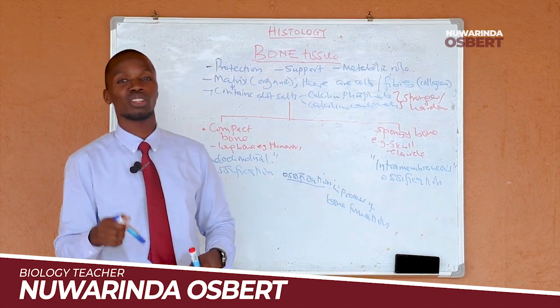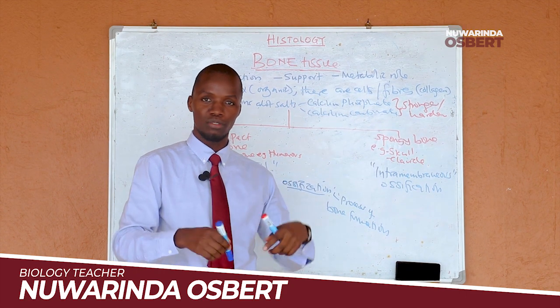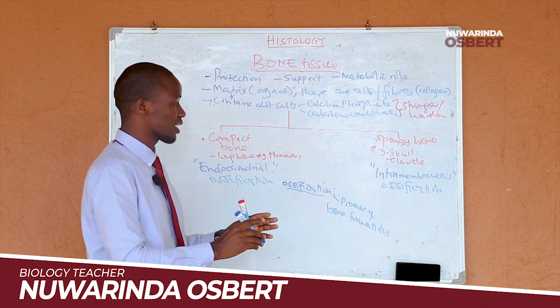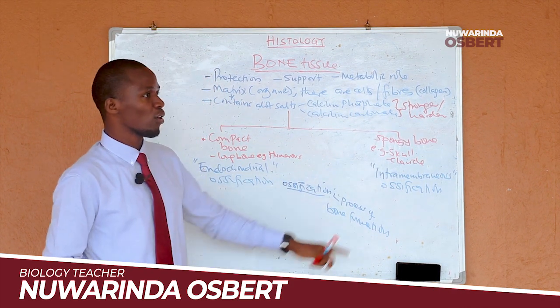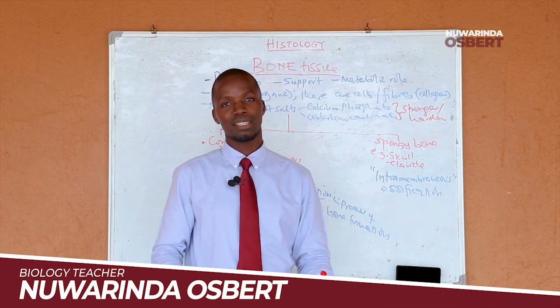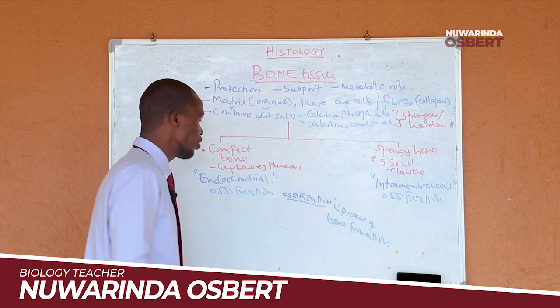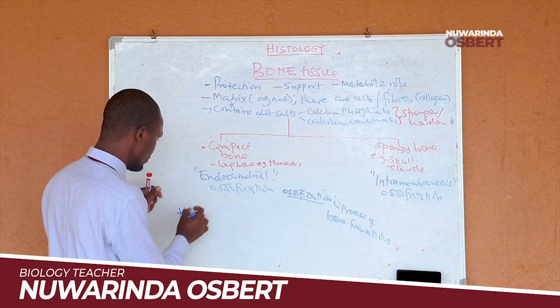Now, if you want to know more about these different types, make sure you don't miss out. Check out the other episodes which are coming after this episode, because that's when we are going to expound more on these two types of ossification. You might ask yourself, in this episode, what are we going to look at?